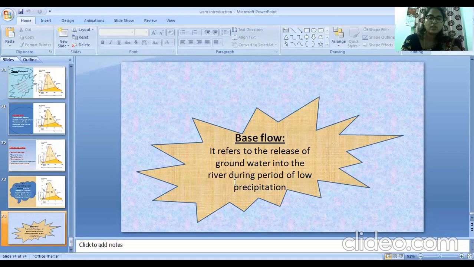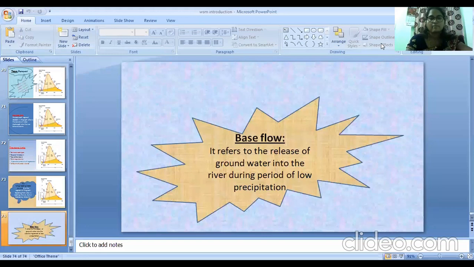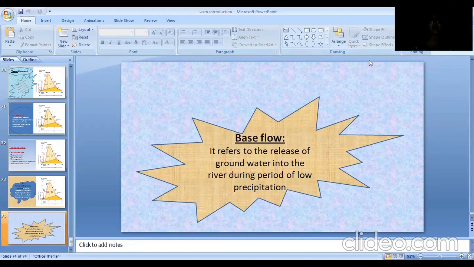And the main purpose of a hydrograph is prediction of flood risk and taking necessary precautions to avoid loss.